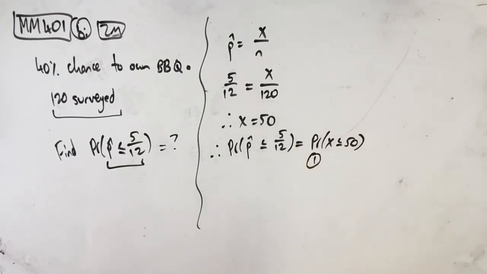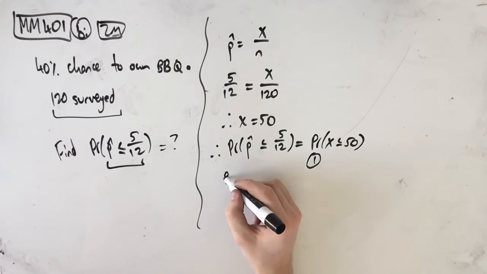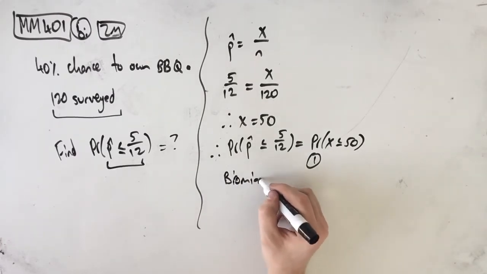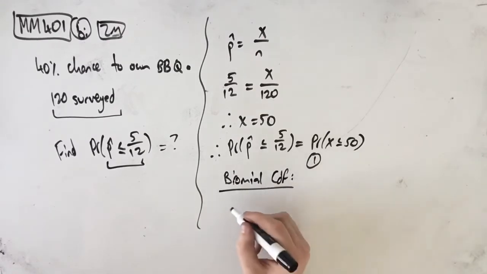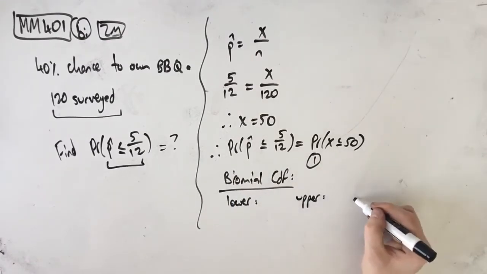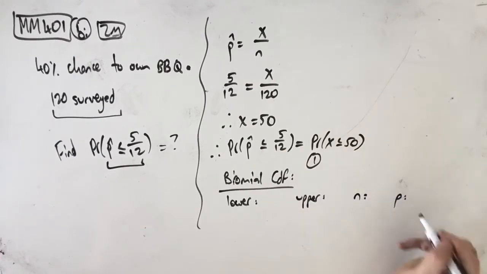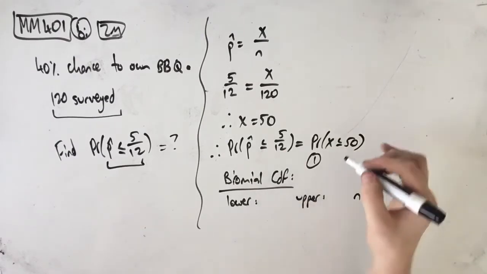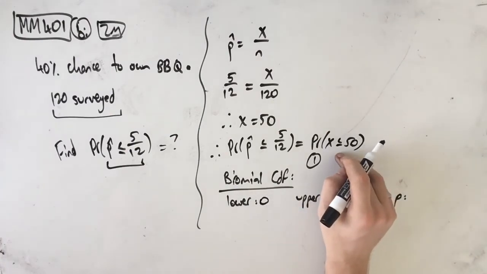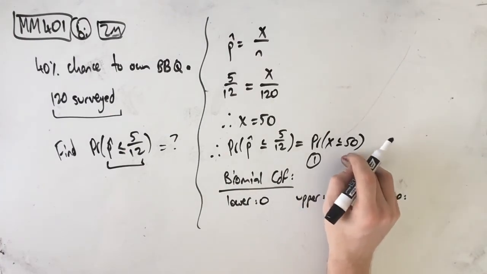Where we go from here is our binomial CDF in our CAS again: lower, upper, n, p. Our lower this time is 0, because we're doing everything less than or equal to 50, so from 0 to 50.